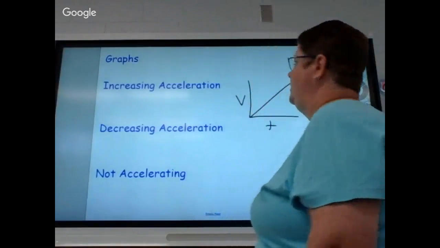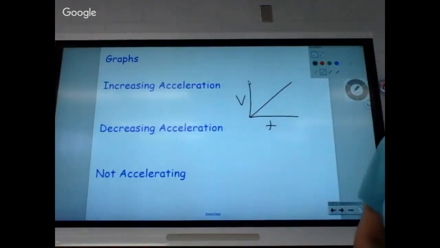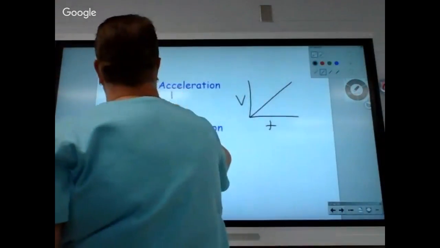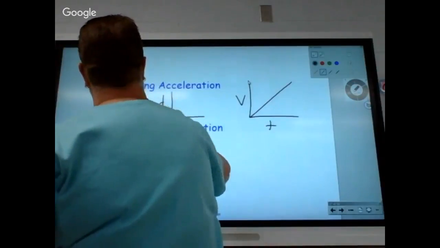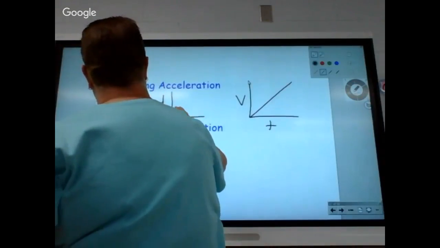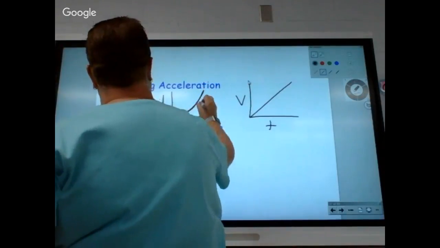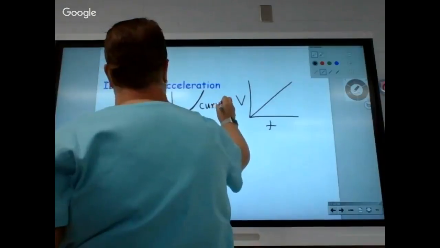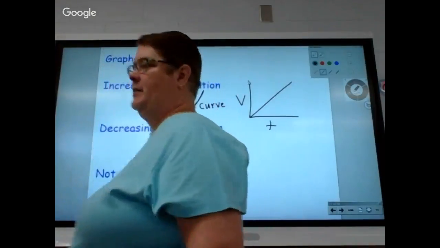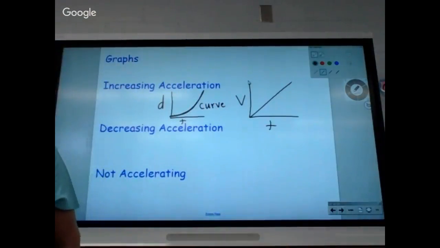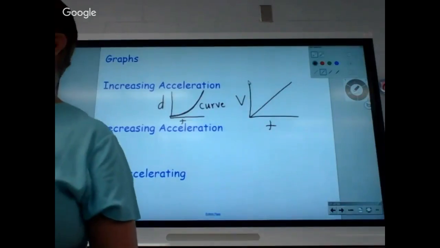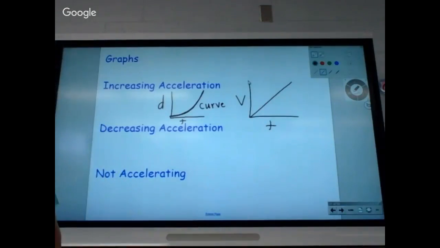Now it's increasing acceleration. Now, if we want to do distance and time, I told you I'd tell you that one today. Distance and time has to change at a changing rate, so it has to have a curve. Okay? If you put a curve in it, then you can use distance and time. But it's not going to be a uniform change. It has to have a curve to be acceleration.